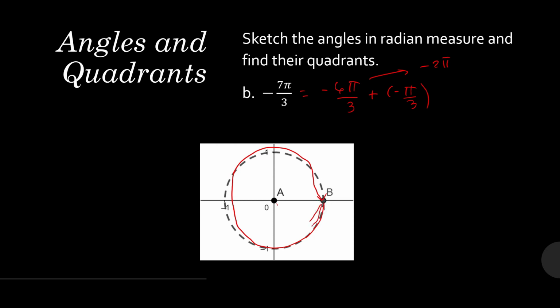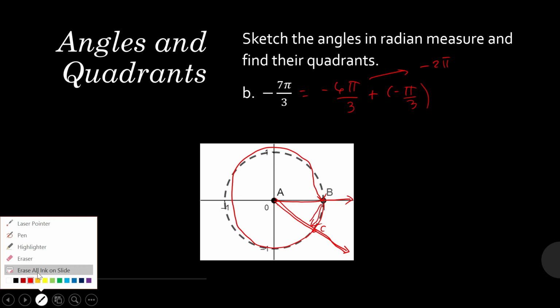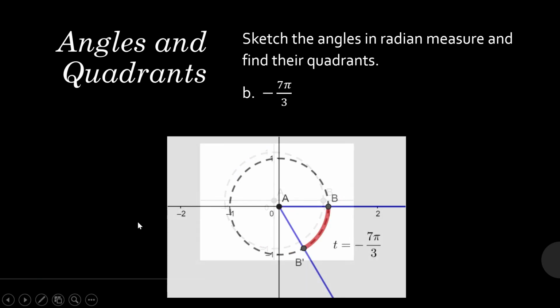Again, clockwise direction. This is our angle, BAC, and its radian measure is the length of the arc, which is negative 7 pi over 3. So this one is in the fourth quadrant.